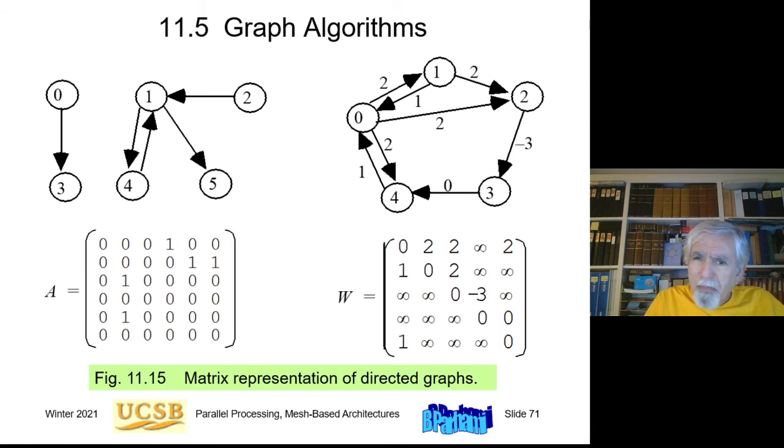Sometimes even 0 weights do not make sense. If these are distances, then a distance or cost of 0 may not make sense, although it may too. For example, if there's free transportation between these two cities for some reason, then having 0 travel cost makes sense.